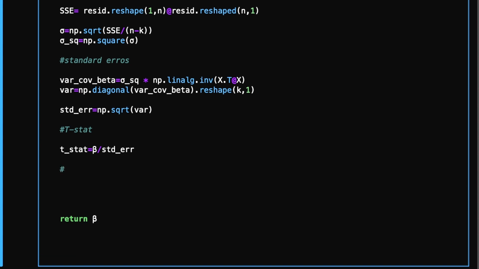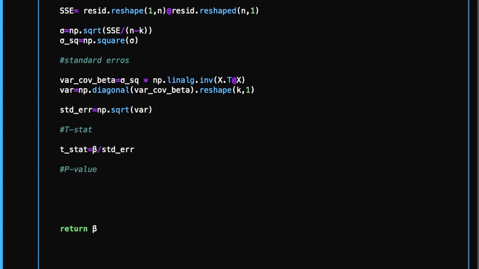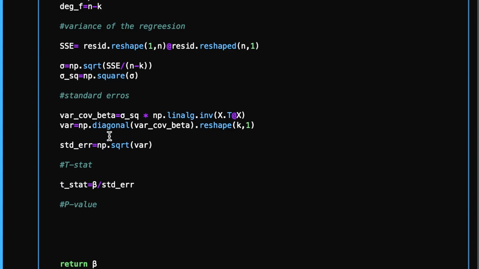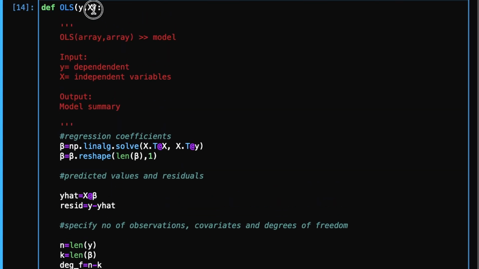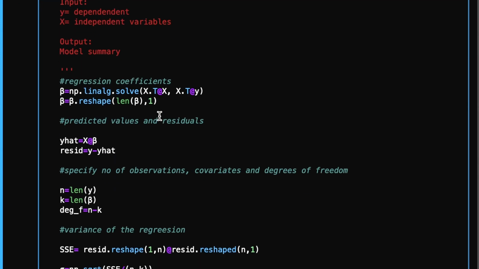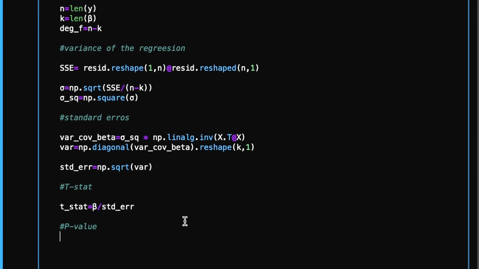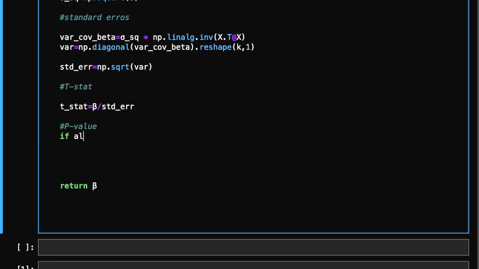And let's get the p-value. We can also write it in a way that we can input the alpha, or the level of significance, within our function. So let's include alpha as an input, and I'm going to make it an optional argument. If alpha equals None, then alpha equals 0.95.